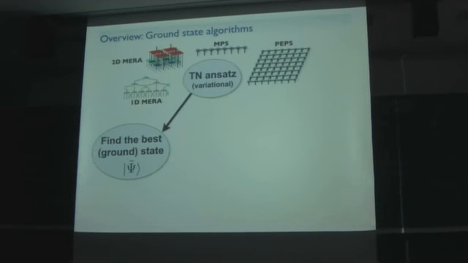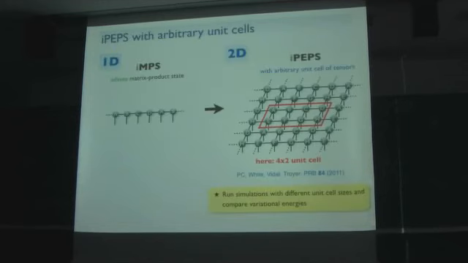Sorry, now, Philippe, yes? Can you make sure that with this cell ansatz you are not missing a cell that actually would give a smaller energy? So typically you would start with a small cell and then increase it and see what happens. Imagine you have a state with a strange period.